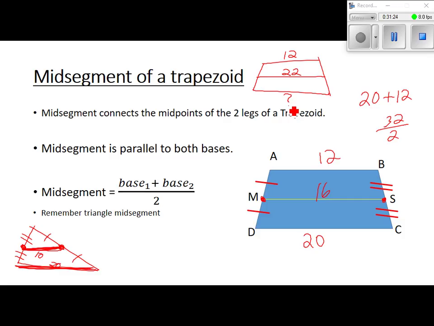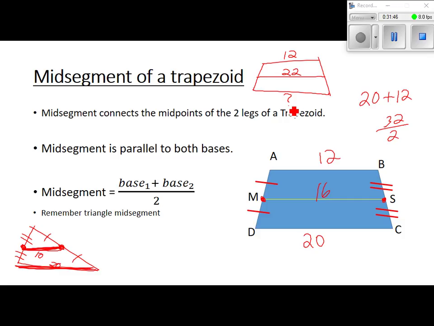Could we find that third base? 22 times 2, and then minus 12. You could do it algebraically, and I'm going to show you that in a second, but I would rather you just think it through in your head.